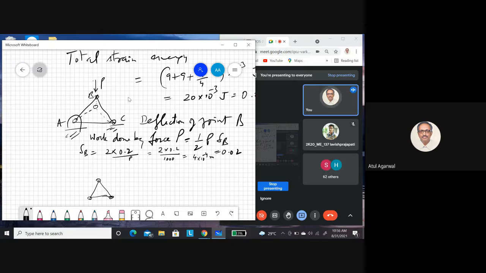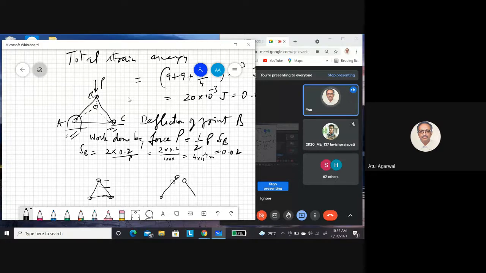So we found the deflection of this point using energy principle, but we can also find it directly. How? You see this bar is contracting. So after contraction, this will come like this. Right? This bar is also contracting.